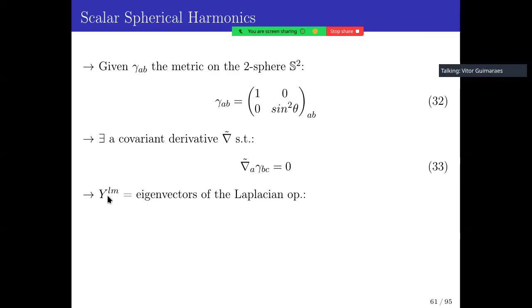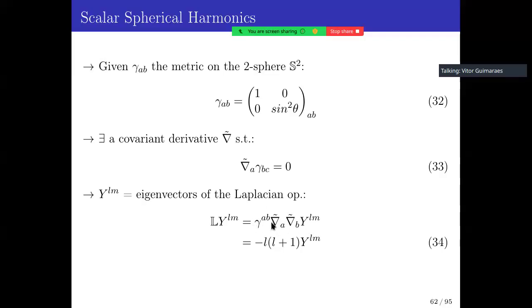Also remember that the scalar spherical harmonics are basically the eigenvectors of the Laplacian operator, right? Which I will write as this L here, which we can decompose and represent as this operation here, right?